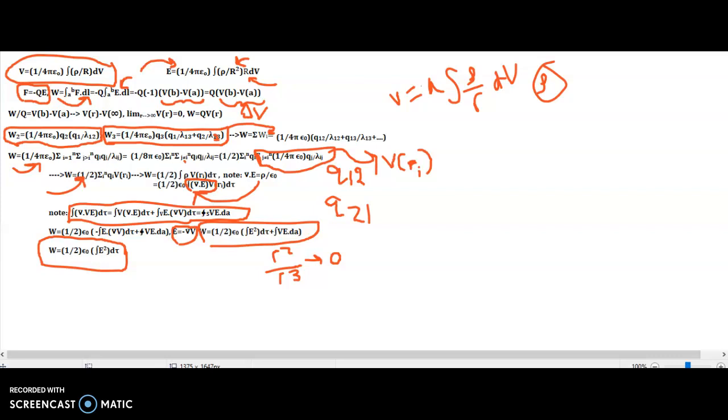and from here I can get the electric field by slightly modifying the expression, as I've already shown, of the scalar potential.